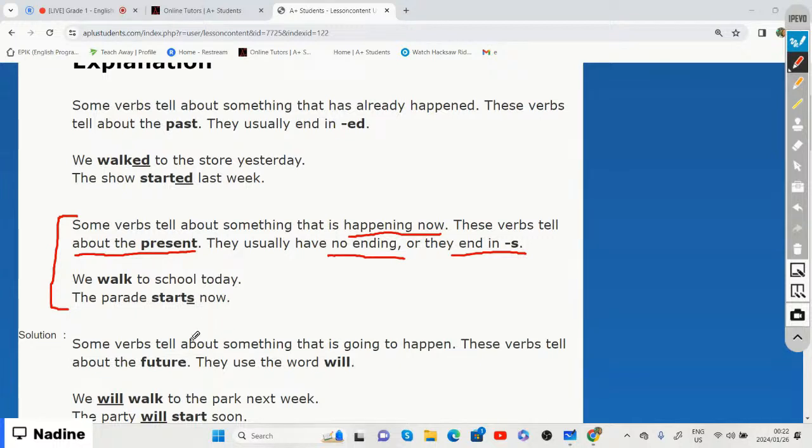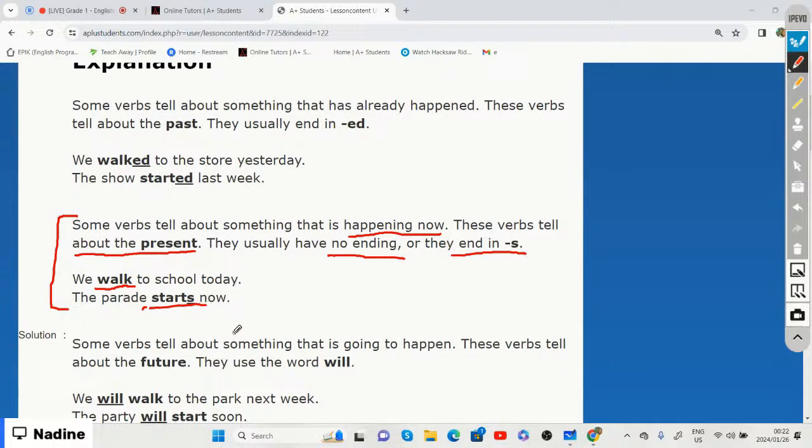And once again, if you look at the example, it says, I walk to school today. So our present tense verb is walk. It tells us the action that the person is doing now. And the parade starts now.